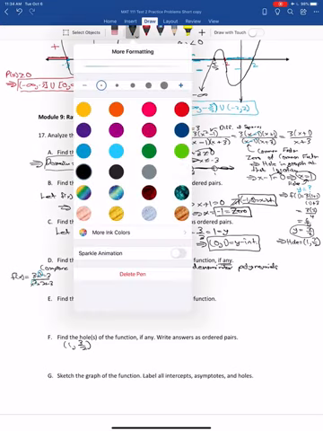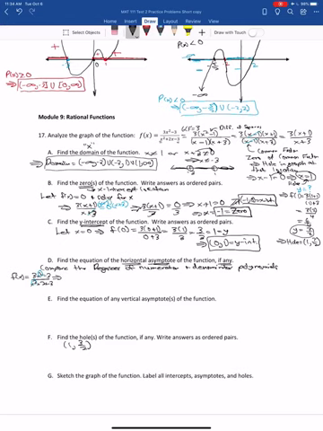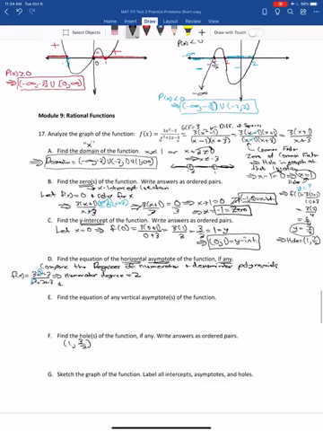That implies the numerator degree is equal to 2, and our denominator degree is equal to 2. So our degrees are the same.